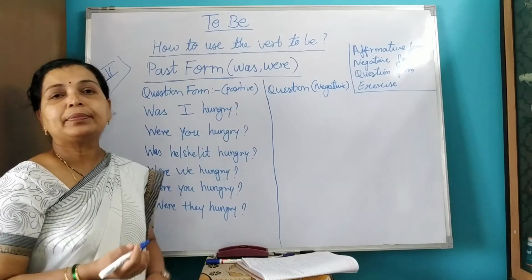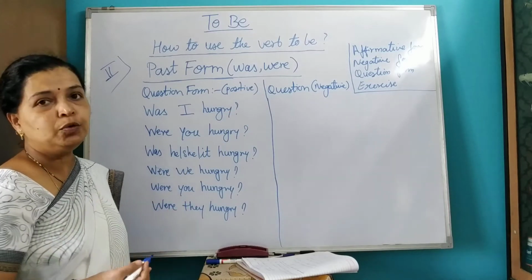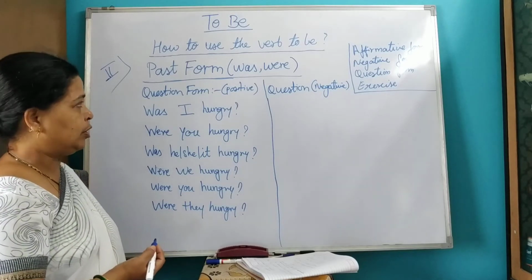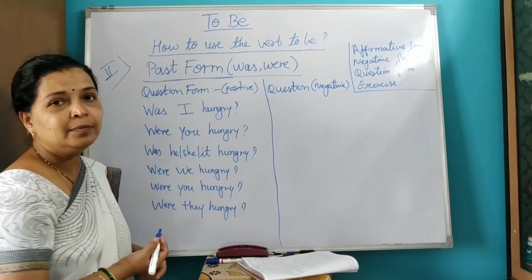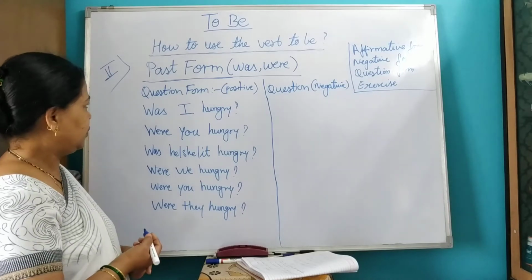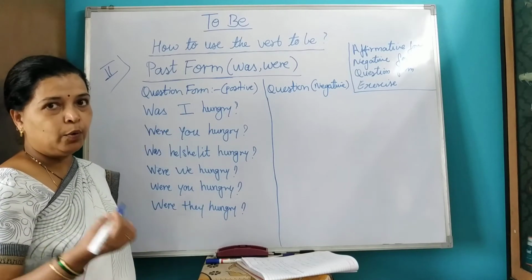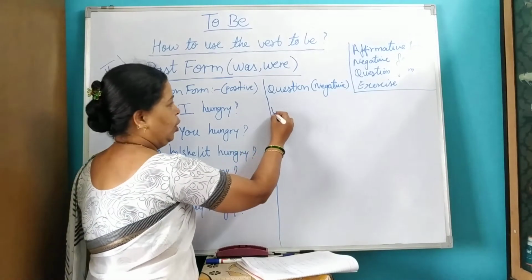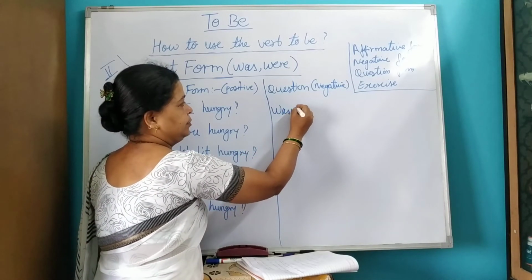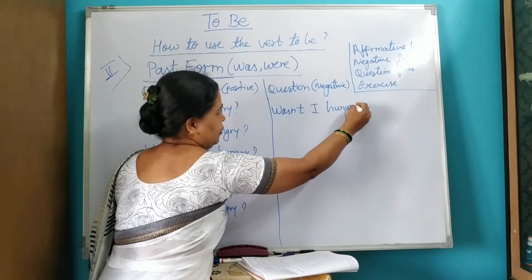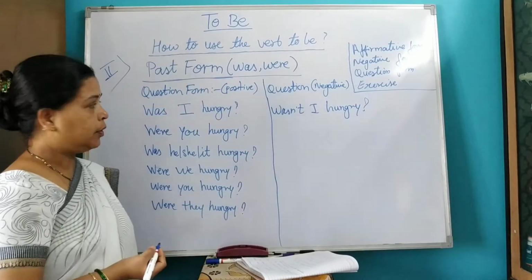Now let's see negative questions. How to make use of was, were in negative questions. Only thing is you have to add a negative word. Okay. So like first, was I hungry will become wasn't I hungry. Okay.